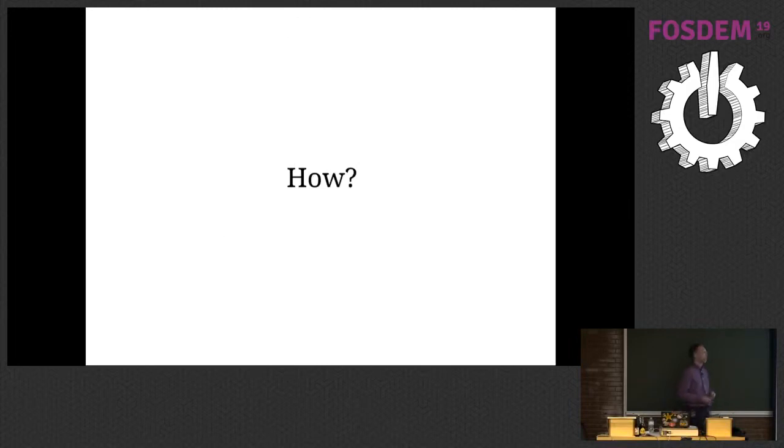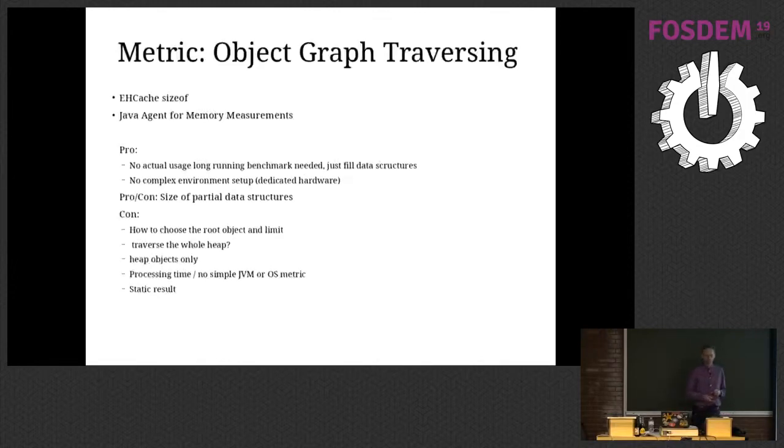So, what are the different opportunities to get memory information? One thing people do is object graph traversing. There are libraries from EHCache, and something called a Java Agent for memory measurements.